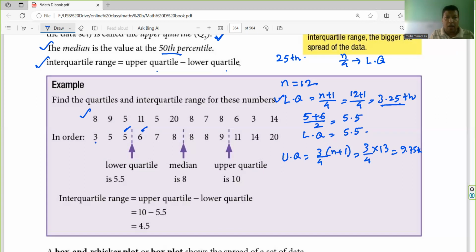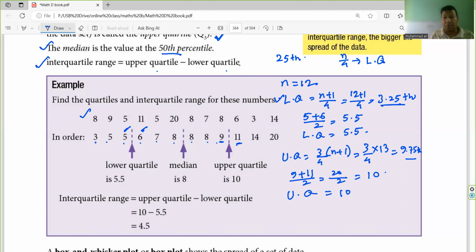So here 1, 2, 3, 4, 5, 6, 7, 8, 9. This is the 9 position and 10 position. If it is 9.75, it will be the average of the 9 position and 10 position. 9 plus 11 divided by 2. So 20 divided by 2. So 10 will be our upper quartile.